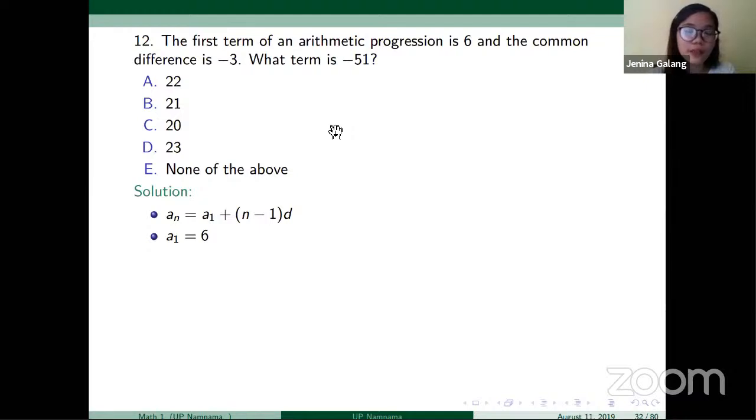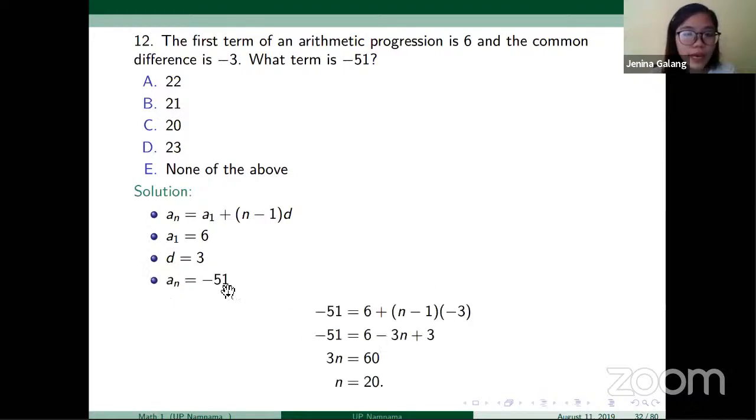So, yung first term natin sa progression natin is 6. And yung common difference natin is negative 3. So, sorry, negative 3 to dapat. So, we have the a sub n, the value of the nth term is equal to negative 51. So, substitute natin yung mga values natin.